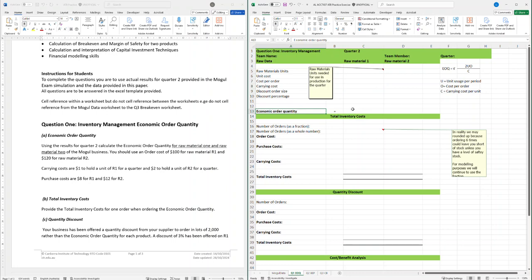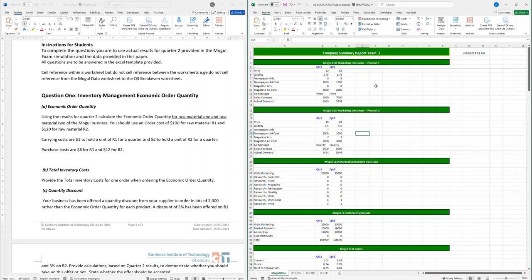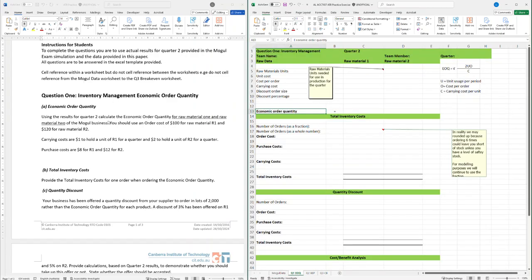Let's calculate the economic order quantity based on the information given here. Using the result in quarter 2, which is this Mogul result, quarter 2 Mogul result here, calculate the EOQ for raw material 1 and raw material 2. So this column C calculates the information for raw material 1, D for raw material 2. Now, what are the key information?